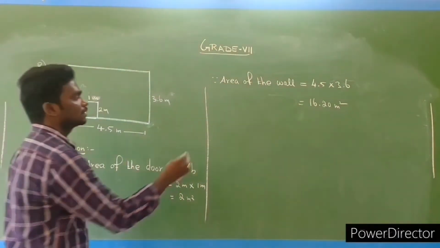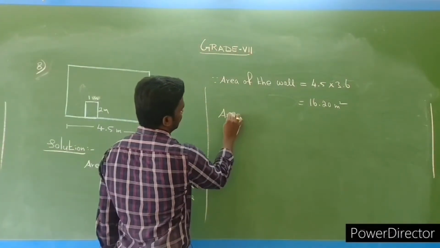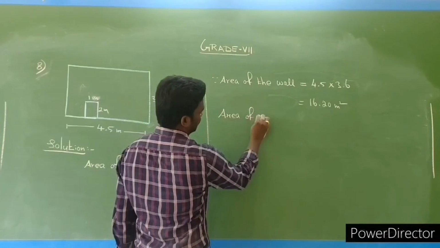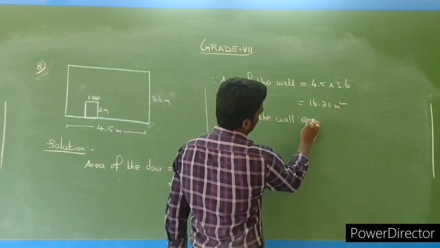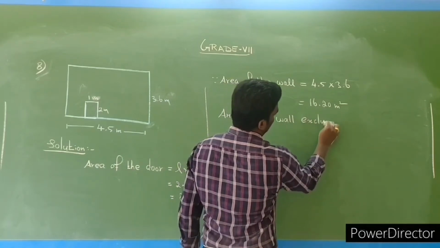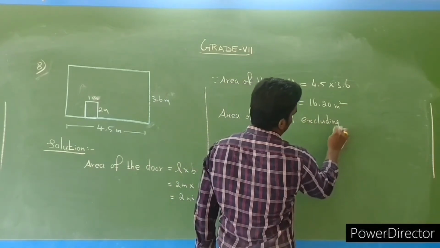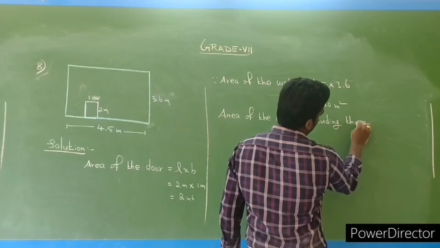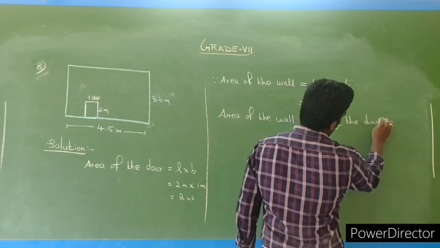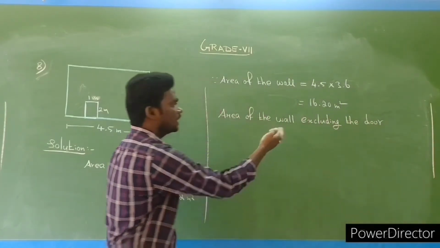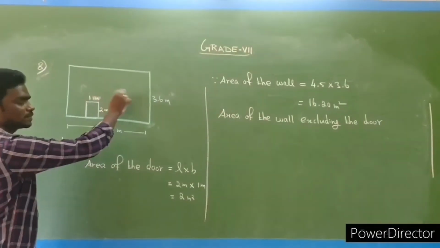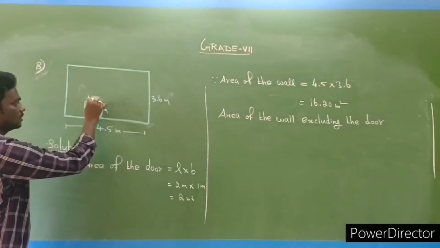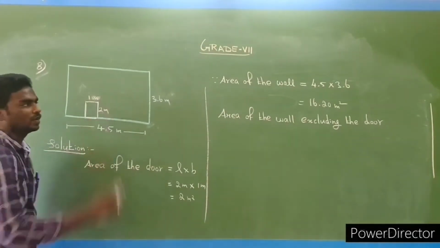Next, area of the wall excluding the door. Why we need to find the area of the wall excluding the door? Because we have to whitewash the wall space only. So we need to subtract the area of the door from the area of the wall.